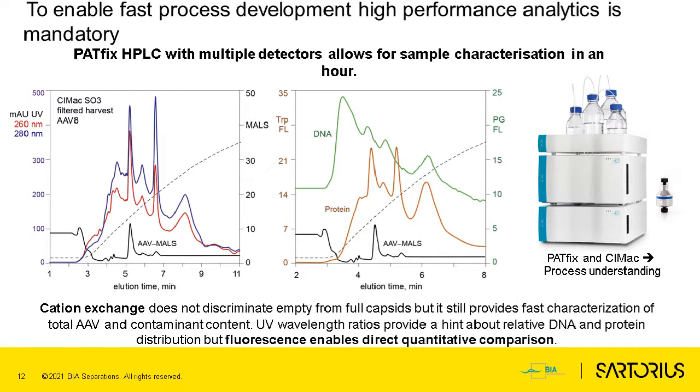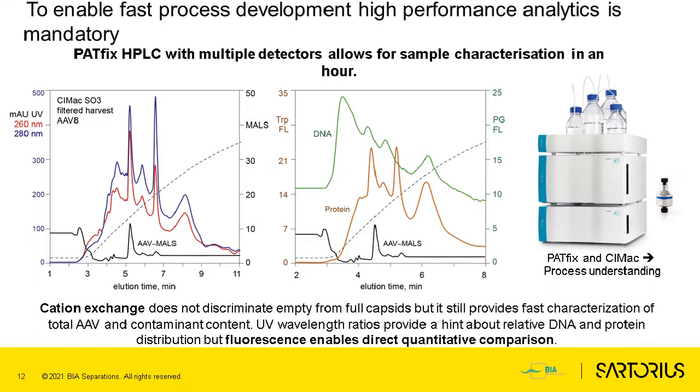Even more important, on the right side, in addition to the MALS signal, we can see two signals from the fluorescence detector. We are using a dual channel fluorescence detector. The first one, which is orange, would be tryptophan excitation, so we can boost the sensitivity for host cell proteins. And more important, by using fluorescence with PicoGreen, we can boost the sensitivity for DNA-related impurities, which may also carry host cell DNA or part of it.